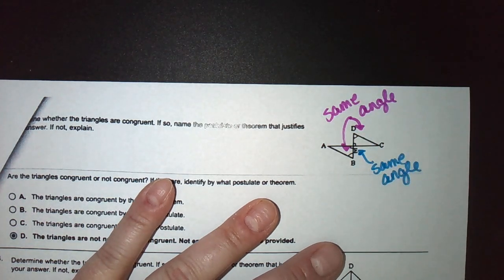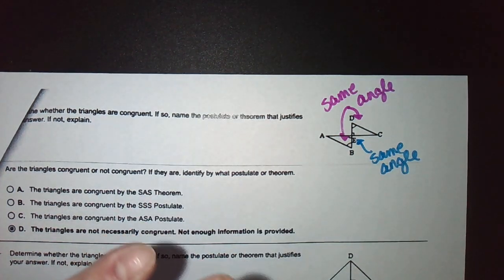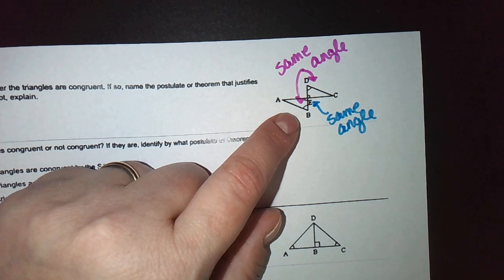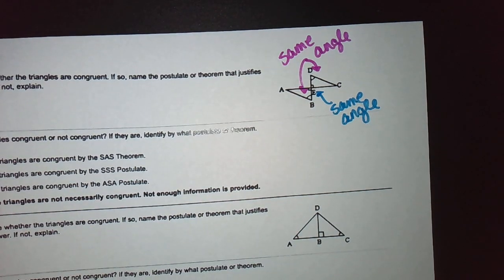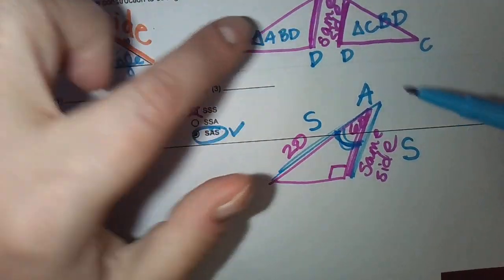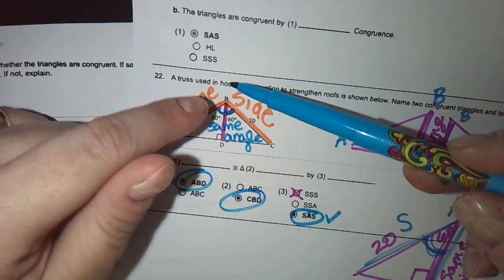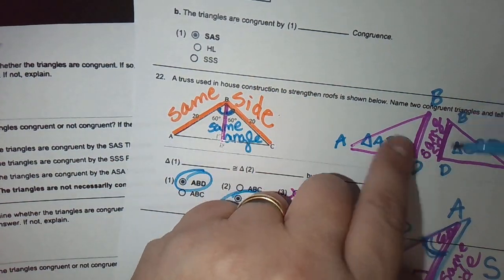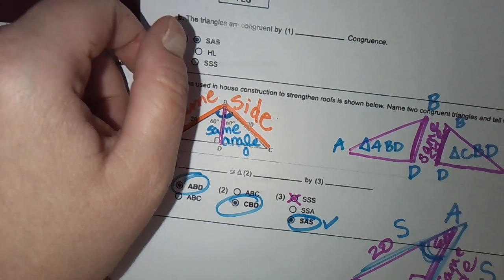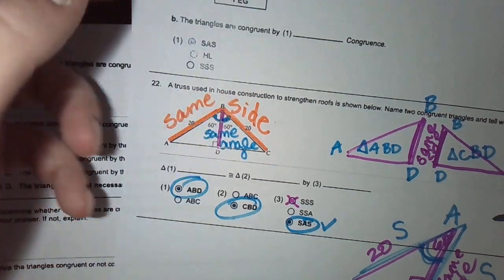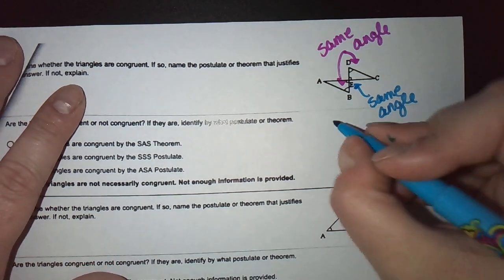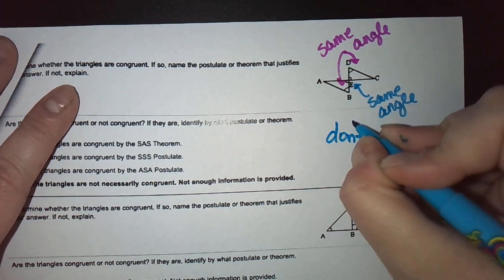But the question is, what else is the same? Okay, well, if they shared the same side, like this last picture with the triangles butted up to each other, then we could say they're congruent. But they don't share any of the same sides.